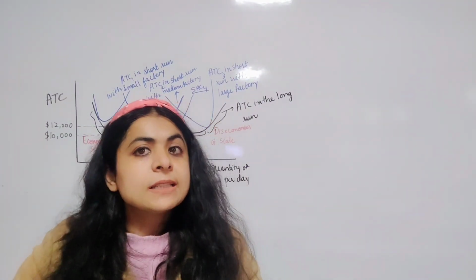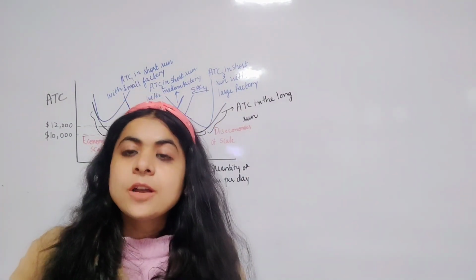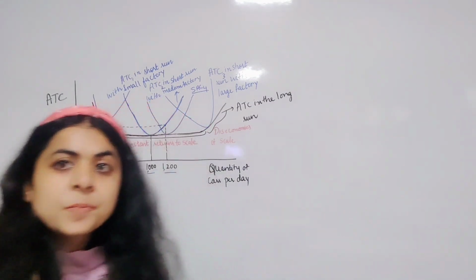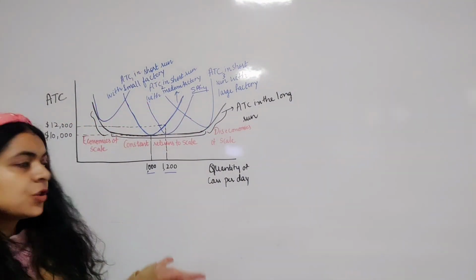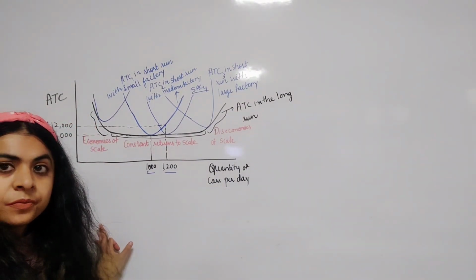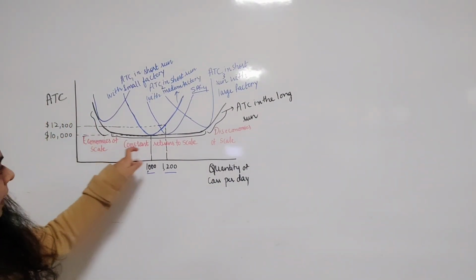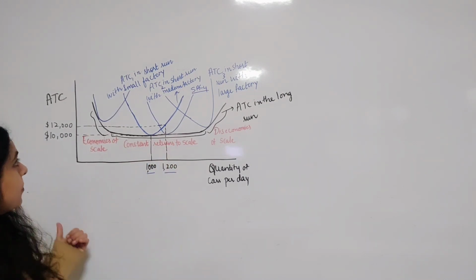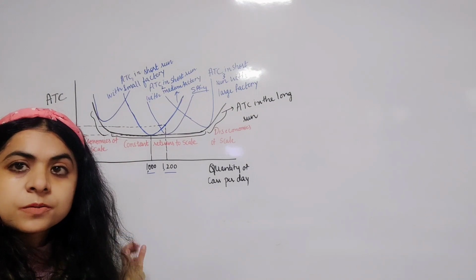So either by expanding the size of the existing factory or by producing in a new factory, the firm can produce additional units at the same average total cost. So the shape of the long run average cost curve is flatter U-shaped as compared to the short run average cost curves.